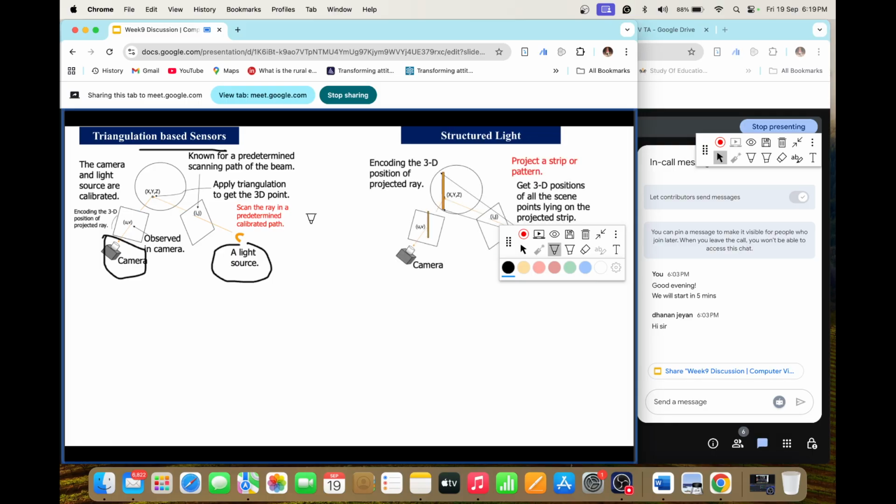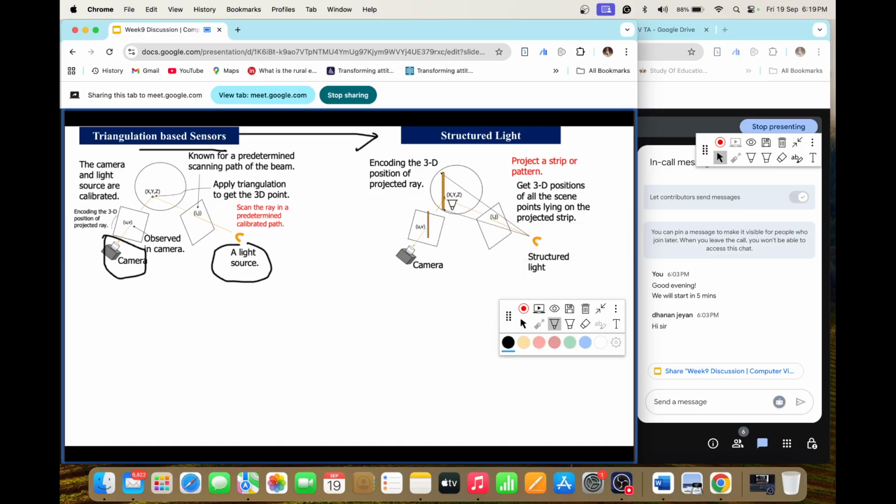Now we have this structured light. This triangulation based sensor and structured light are very similar, but it is an advanced form. What difference here? See, here we are projecting only a beam of light, right? But now we will project a strip of light, okay. That is why it is known as structured light, and we will collect the same strip on this camera.